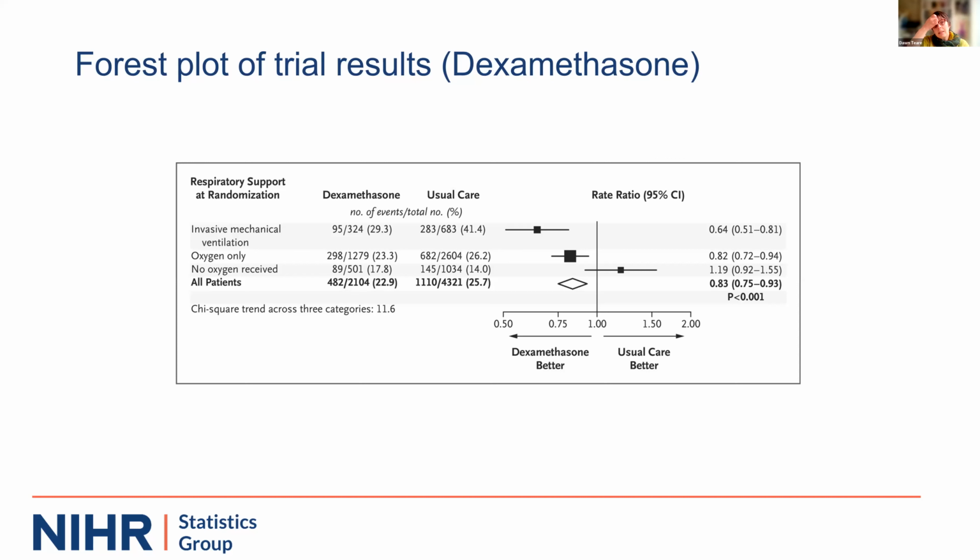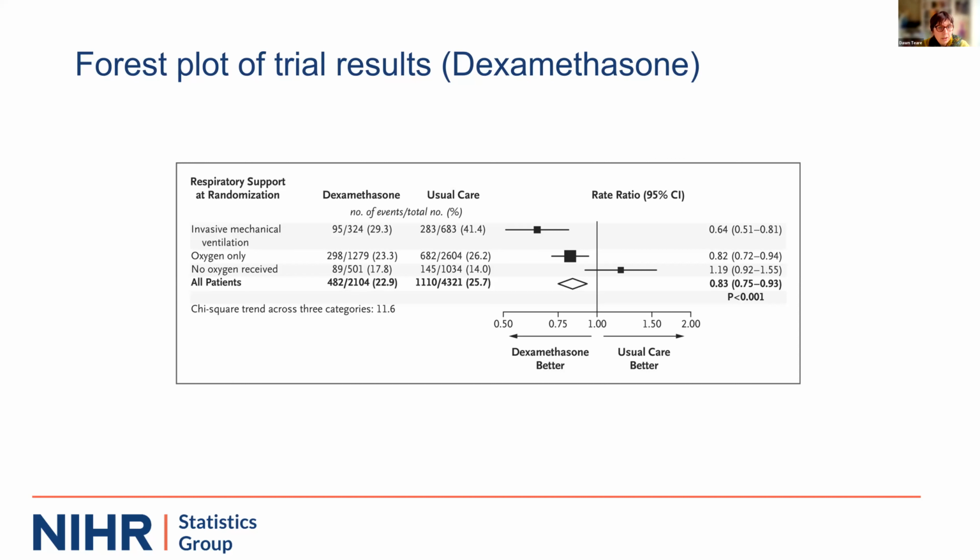And what was interesting is that the RECOVERY trial chose to present their main results and a subgroup analysis in a forest plot, which you can see here. So they've got the information from the group, some of that data I'd shown you before on the previous slide.